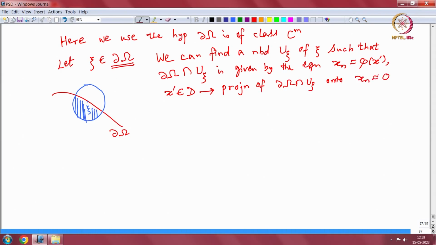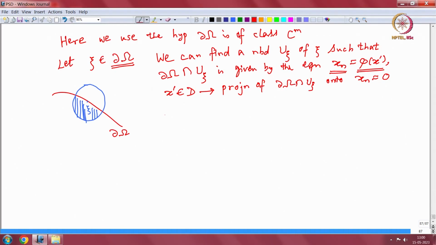Since del omega is a union of simple pieces and J is a point on del omega, such a thing can always be done. Here, just for the ease of writing, I am choosing xn. So this need not be xn, it could be any coordinate.